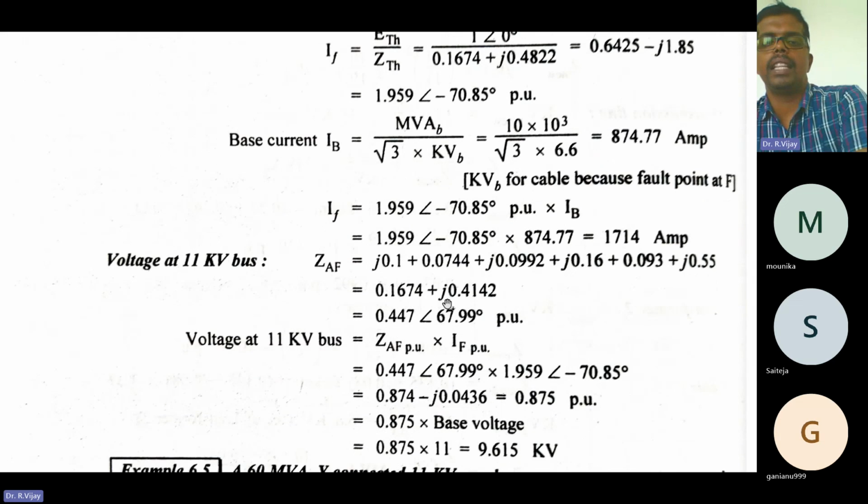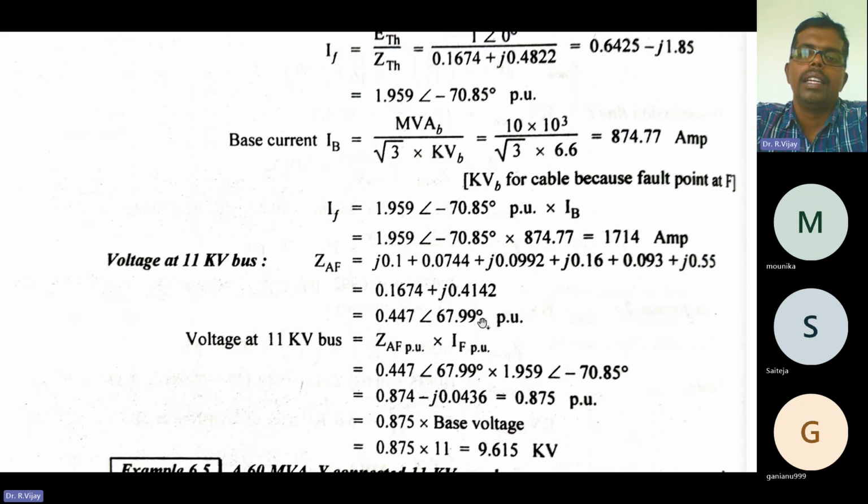Further you need to convert that into polar form, and you'll get 0.447 at the angle of 67.99 degrees per unit. So that is the voltage at the 11 kilovolt bus.